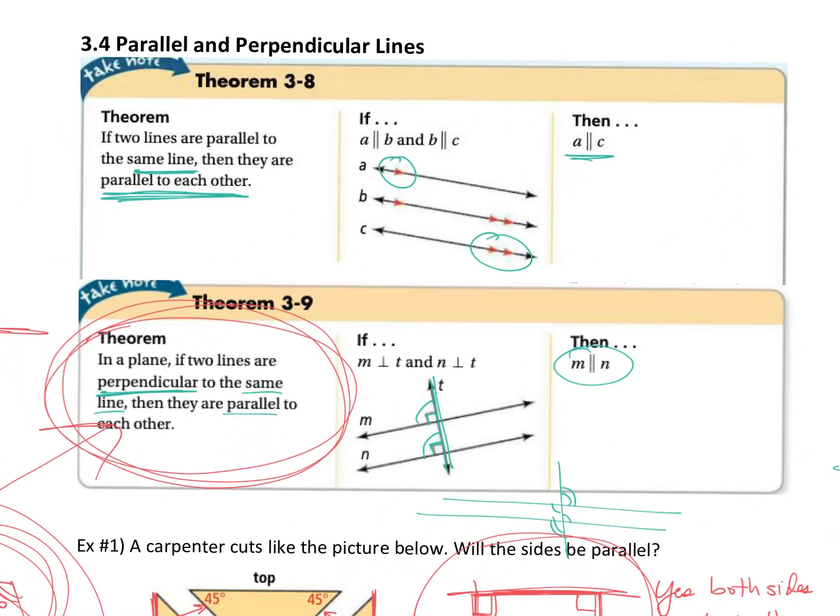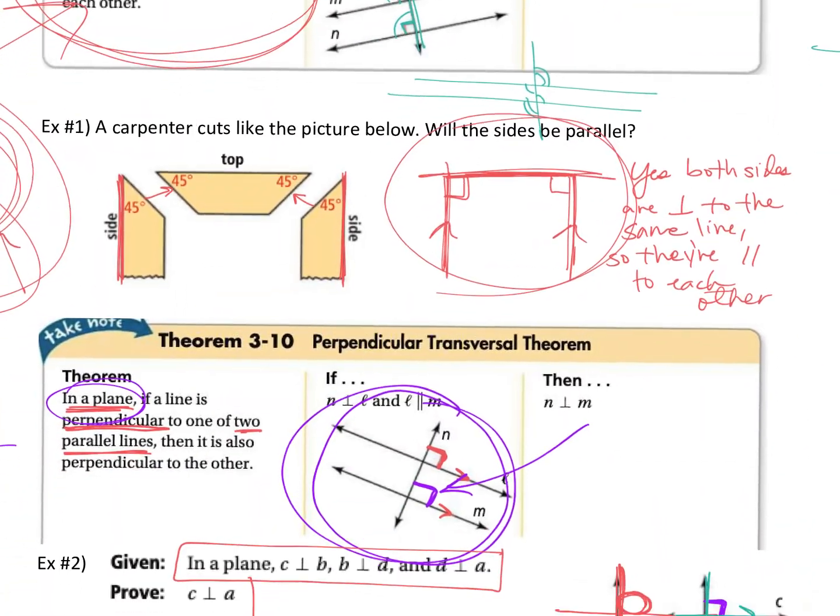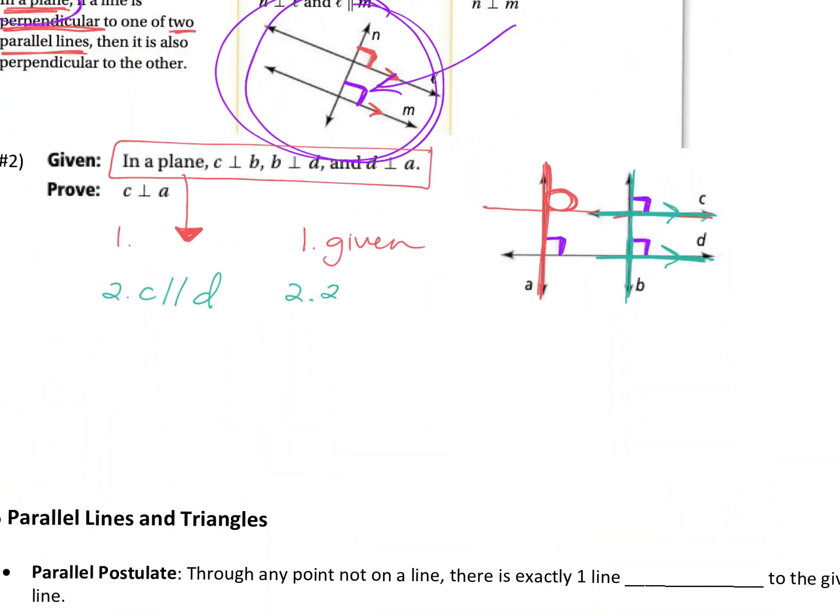But like I said, you don't need to remember the name of it. You can just kind of reiterate what it says. So 2 lines perpendicular to the same line are parallel to each other. You can absolutely put theorem 3.9 if you want, yes.